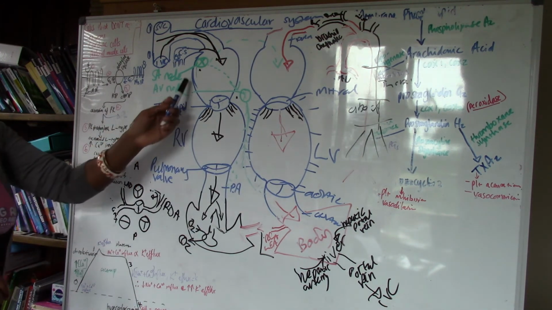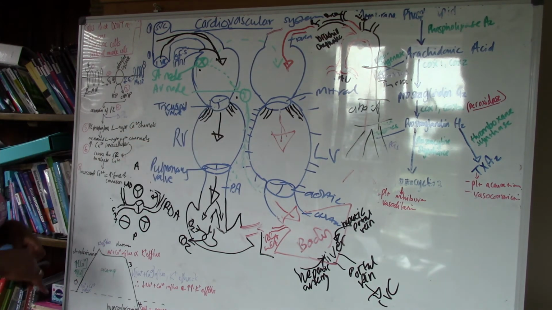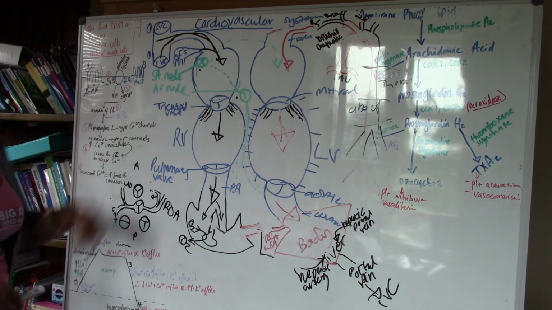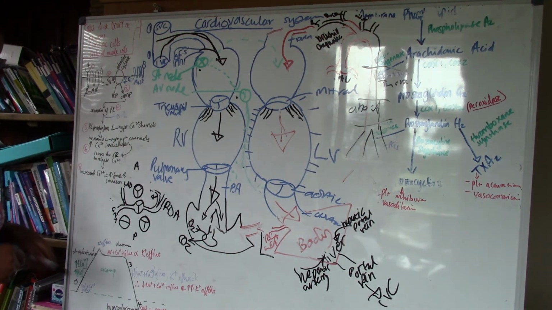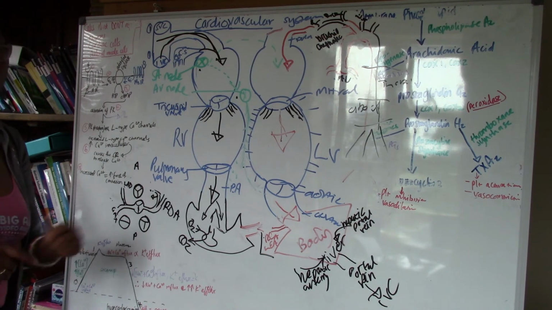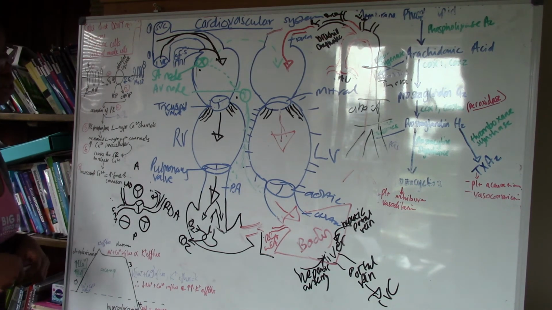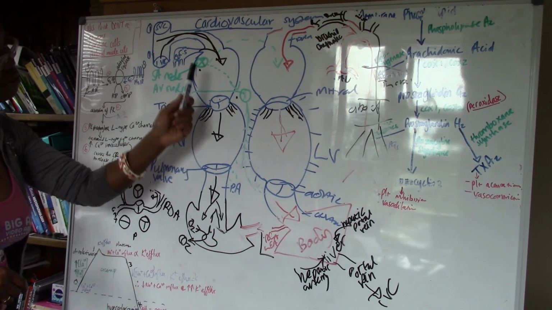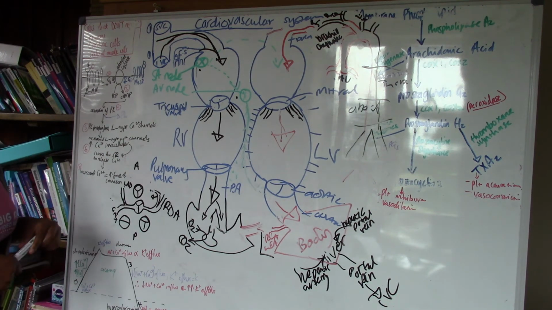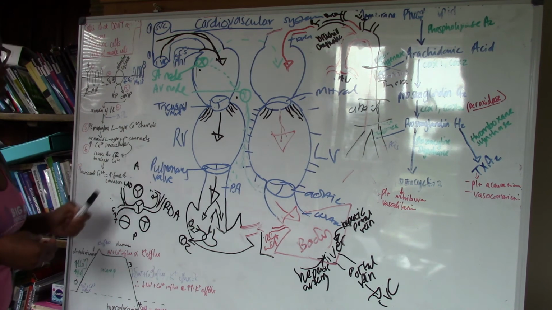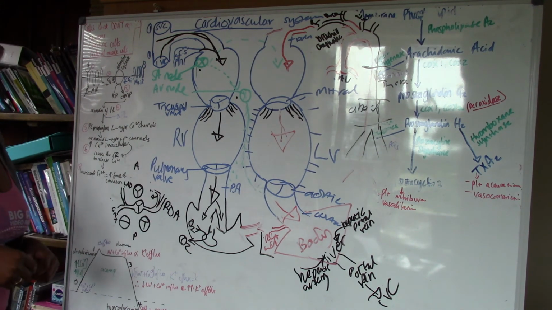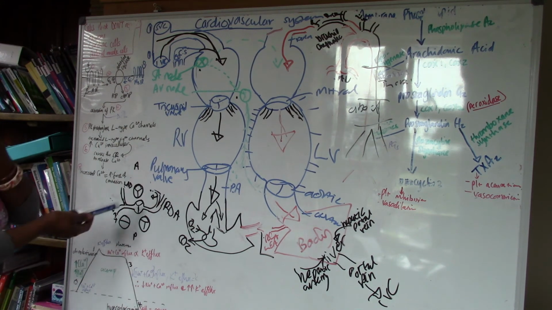For example, if we have conduction defects, we know that the SA node and the AV node are mainly supplied by the marginal artery, which comes from the right coronary artery. So if we have conduction defects, say blockage or bradycardia, we will know that this is a blockage from the marginal artery of the right coronary artery.